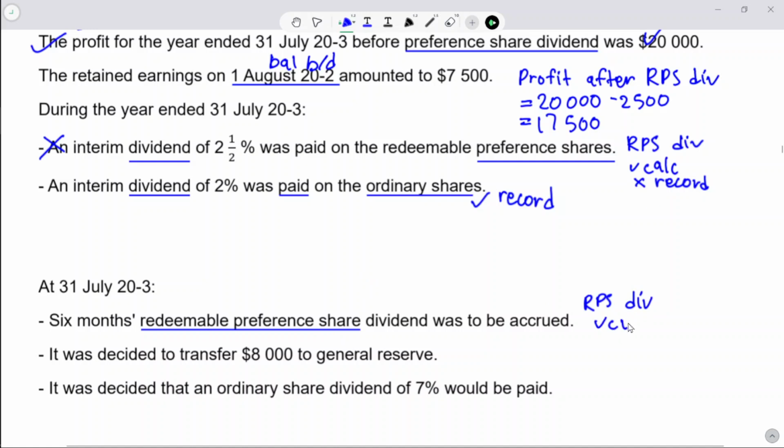It's already calculated, so you don't record. Transfer to general reserve, later we record. Then it was decided that something would be paid, but actually it hasn't been paid, so we don't record.